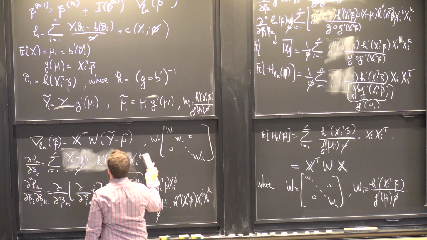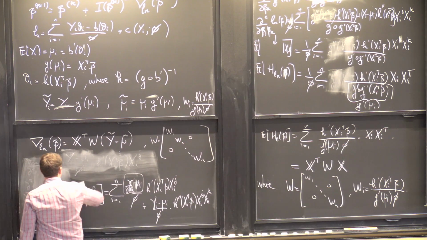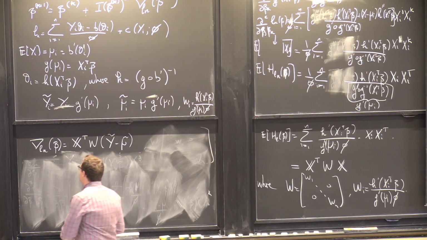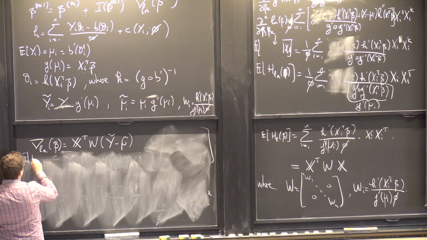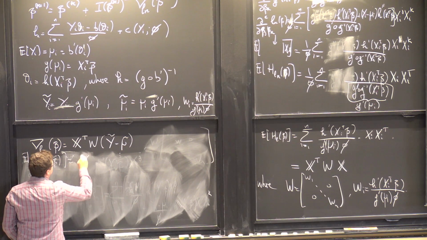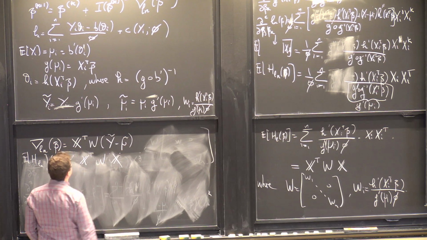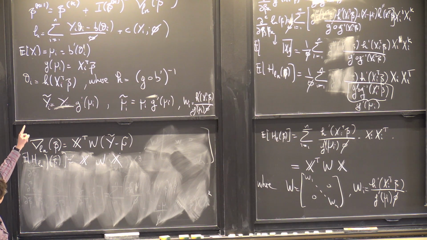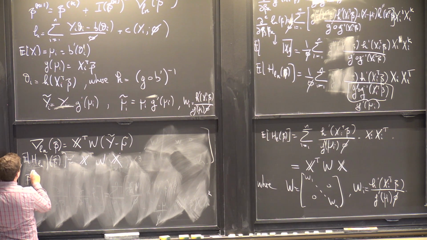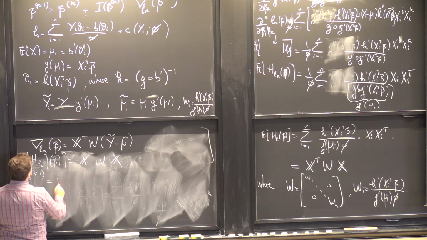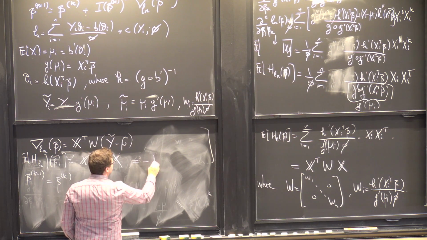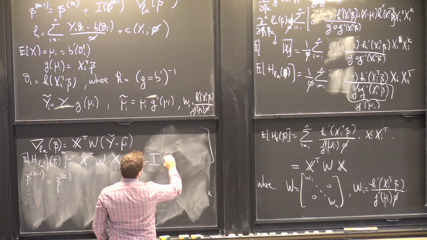let me write it here. We also have that the expectation of the Hessian of ln of beta is x transpose x W. So if I go back to my iterations over there, I should actually update beta k plus 1 to be equal to beta k plus the inverse, so that's actually equal to negative I of beta k.